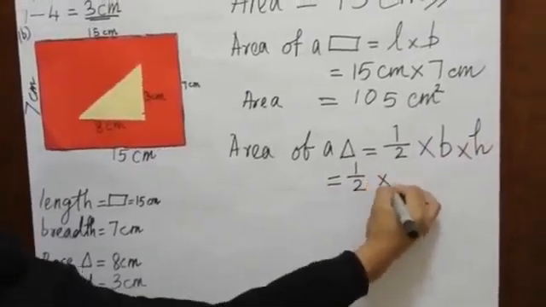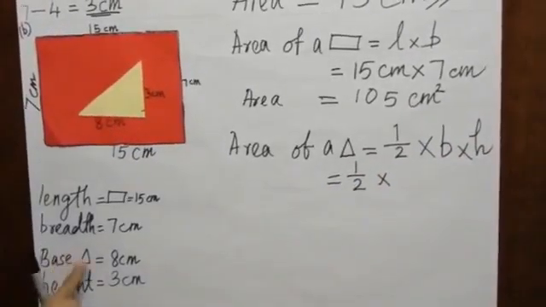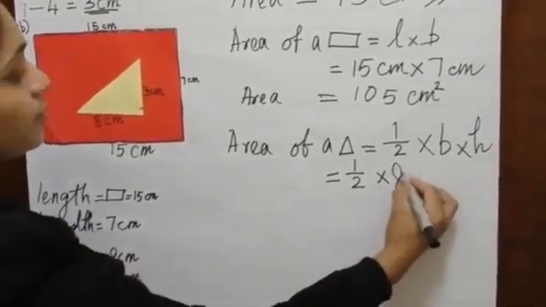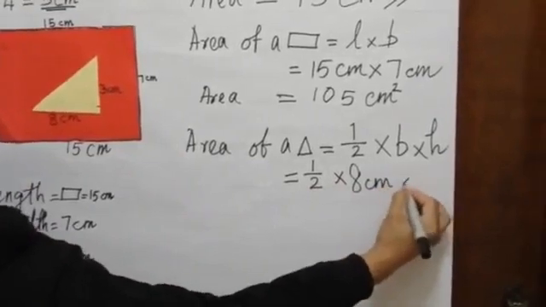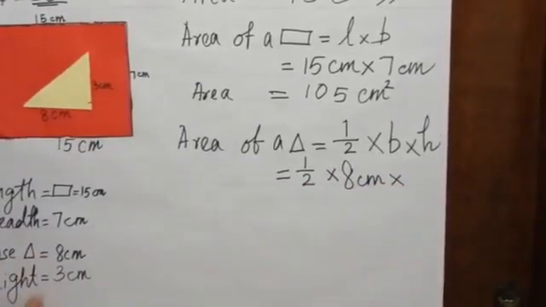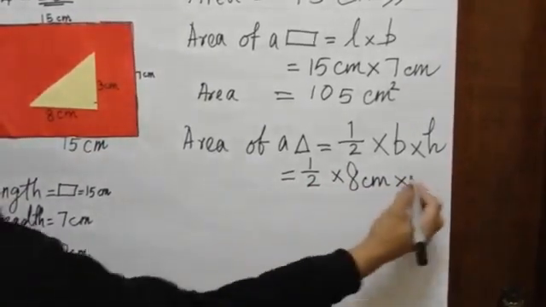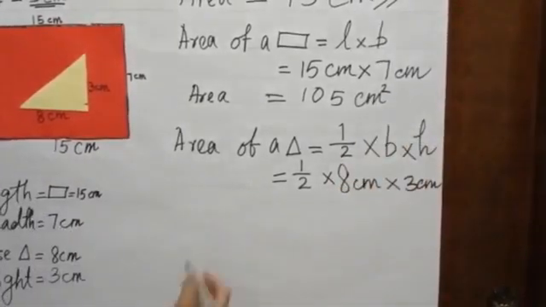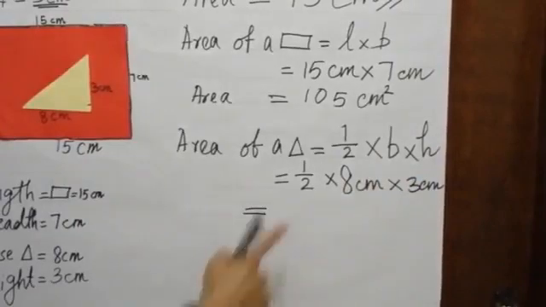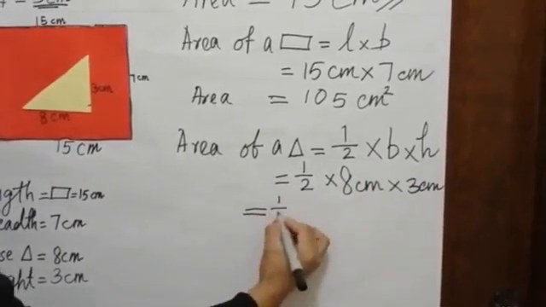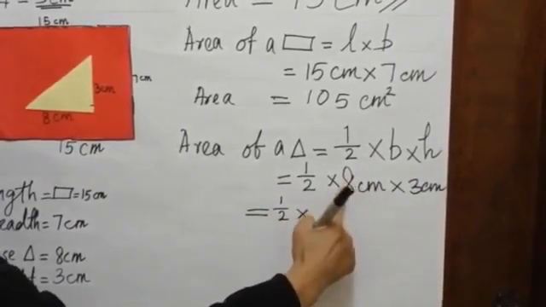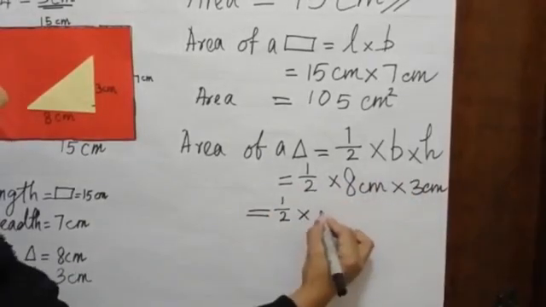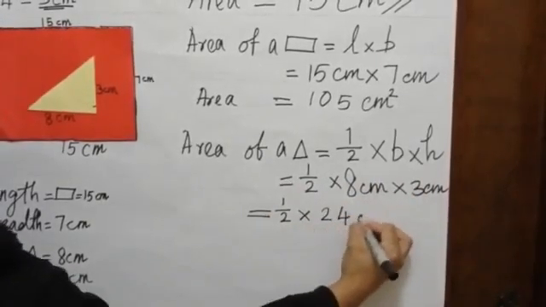Now we will apply the measurements instead of the letters there. Half multiplied by the base of the triangle, 8 centimeter, and the height of the triangle is 3 centimeter. Now equals half multiplied by 8 multiplied by 3. 8 3s are 24.